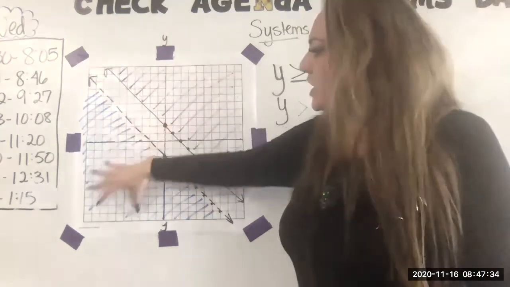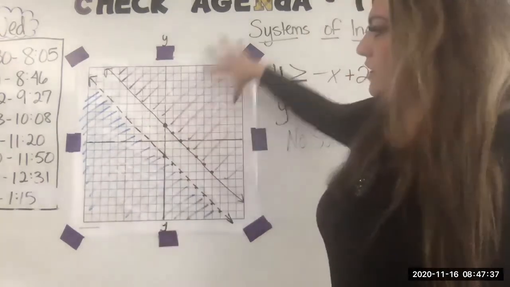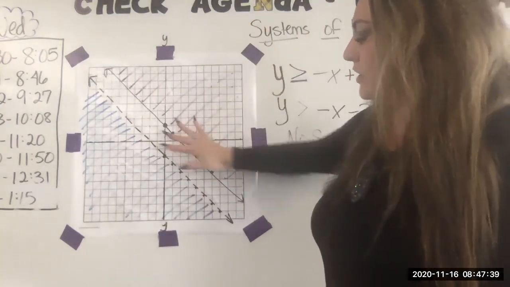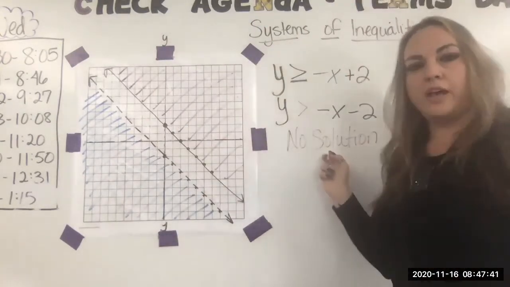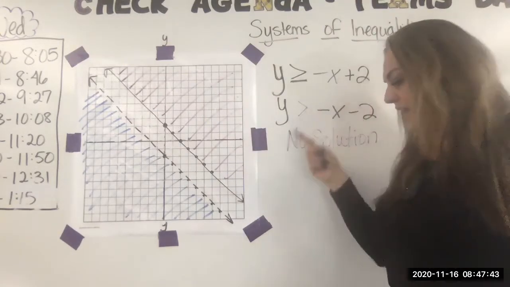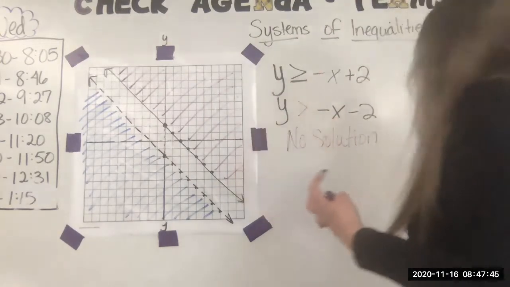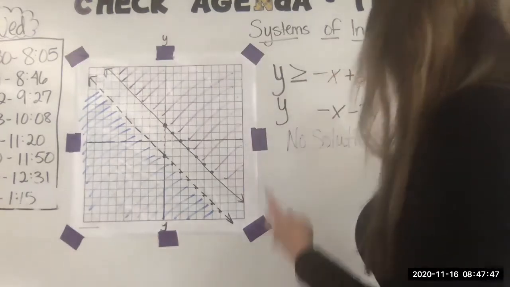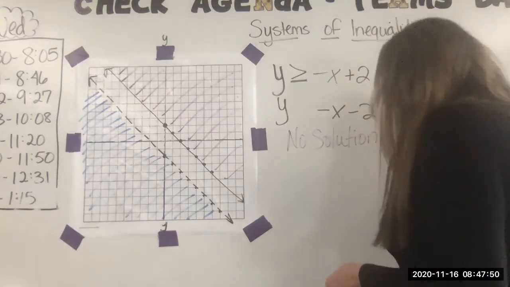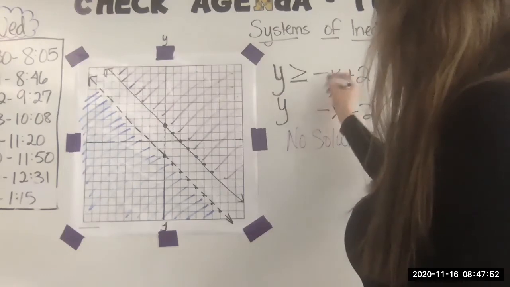But because we shaded less than this way and greater than this way, and they are parallel lines, they're never going to overlap. But that's just thinking ahead, thinking of how we could get them to have a solution. That's one way that we could change the expression or the inequality.